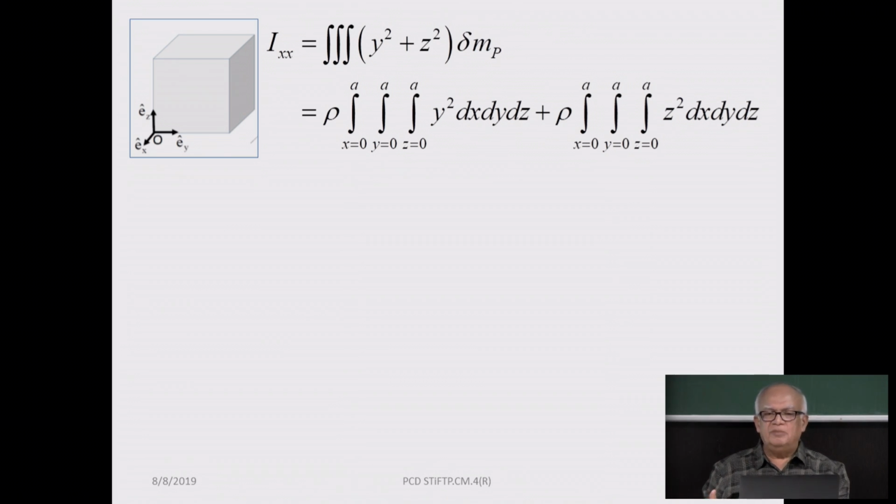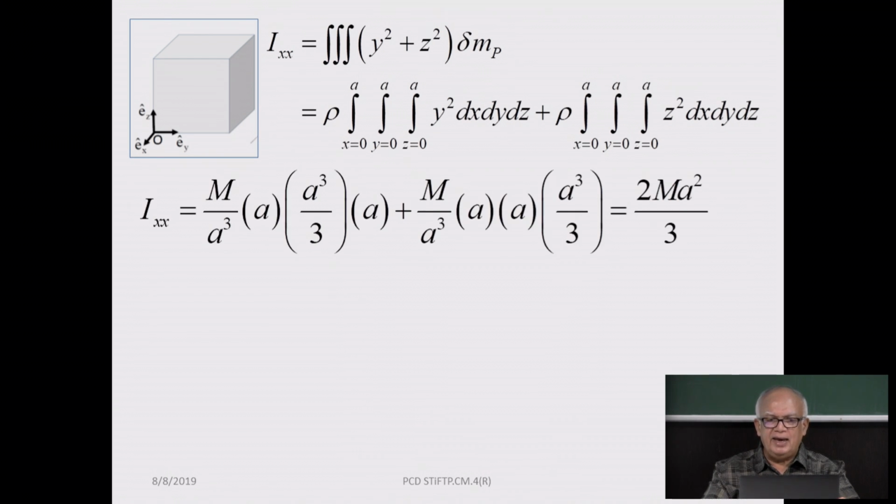So you will get a term in y cube over 3 from this integration, but the integration limits are 0 to a, so you will get a cube over 3 there, and from the other two integrals you will get a and a. So if the density is uniform, rho is nothing but m over a cube, and then you get the a and a from the integrals over x and z, and then you get a cube over 3 from the integral over y squared. So you get this term, right?